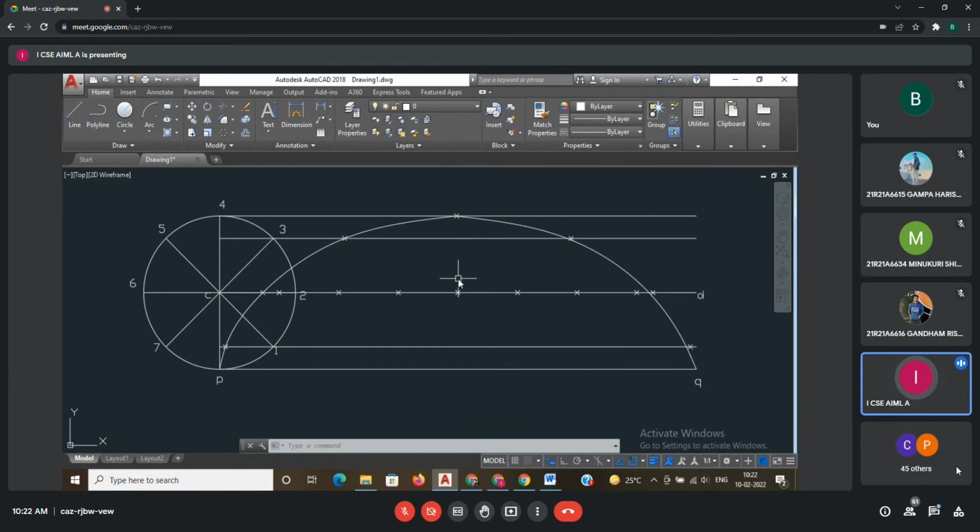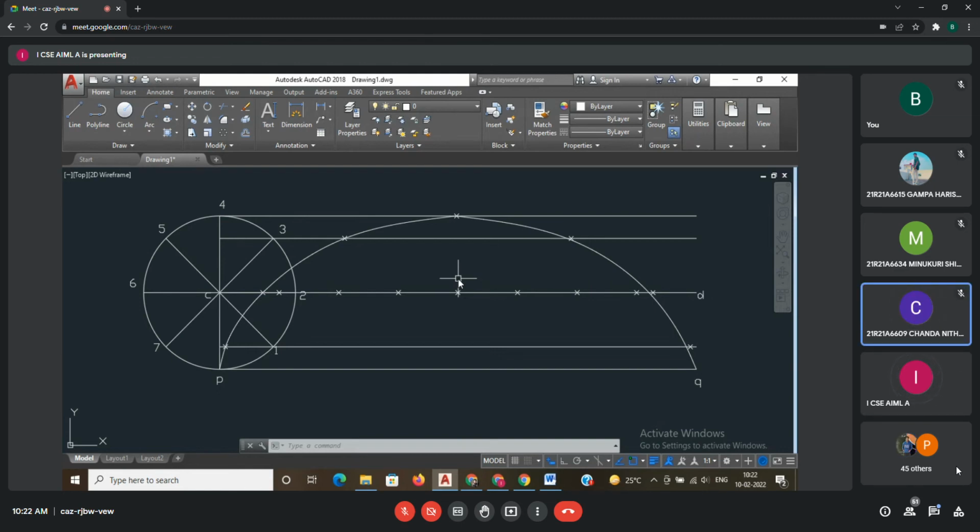But where do I want to select that point? In the question, they didn't mention the distance, but simply said draw a tangent and normal at any point on the curve. Which point should I select for completing the diagram within one step? Tell me.